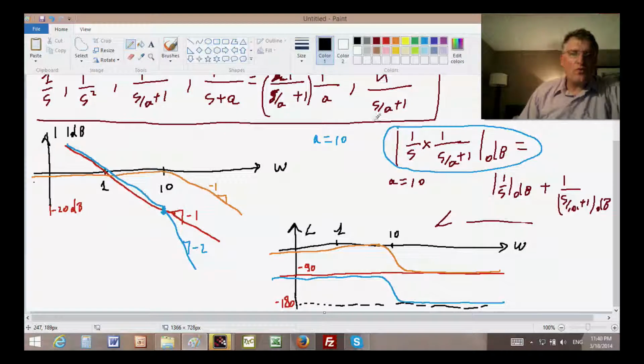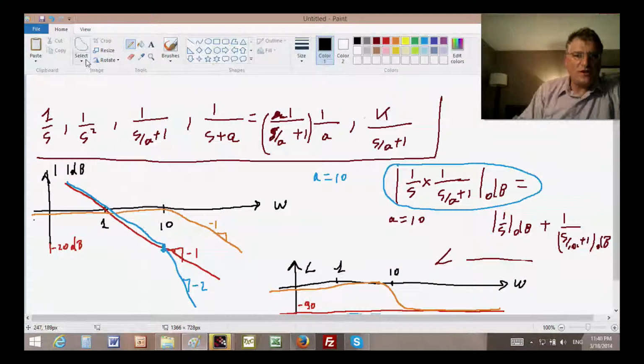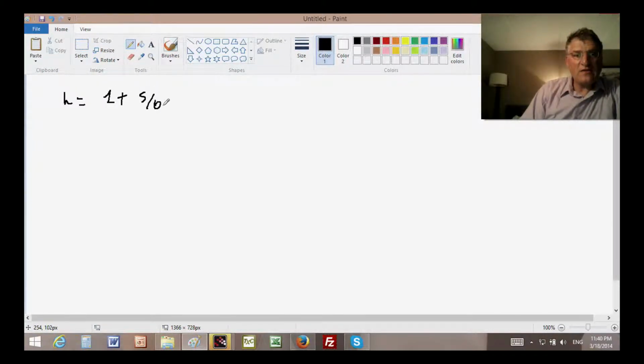So we can embark into other kinds of transfer functions. When we have done that, why not do more complicated ones, right? One of the key transfer functions that we will use is what if H is equal to 1 plus s, or 1 plus s over a. So it's the opposite of the other, or it's the inverse.